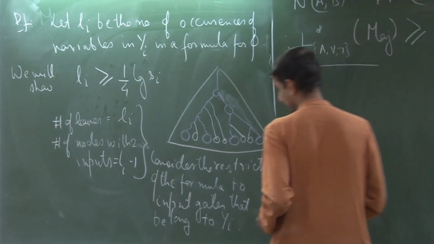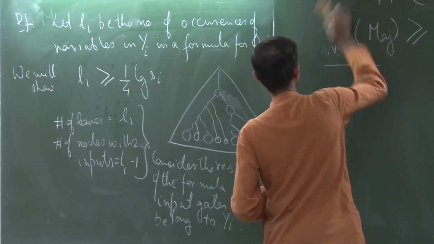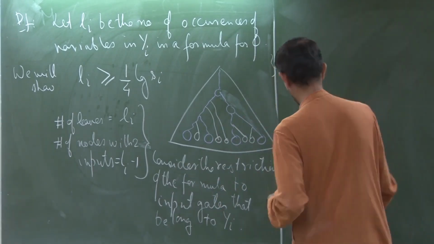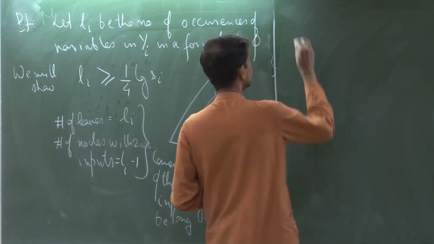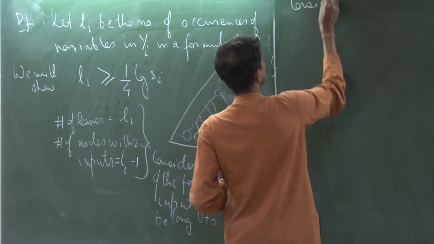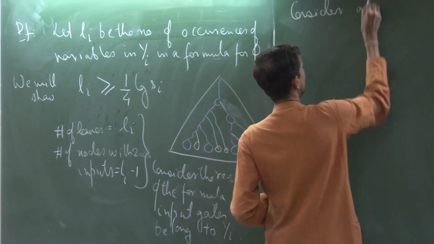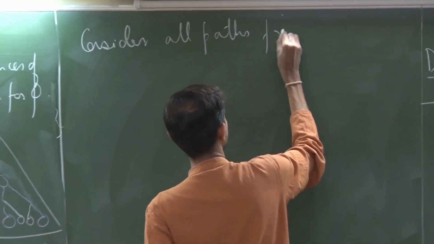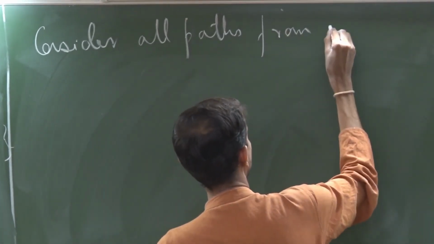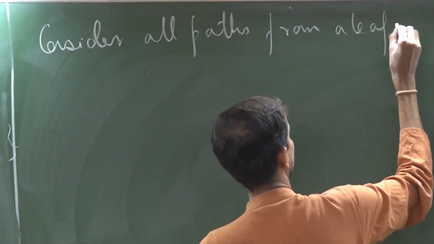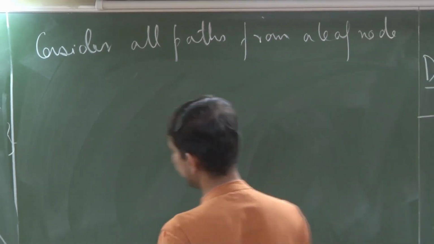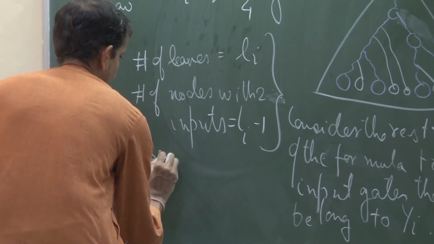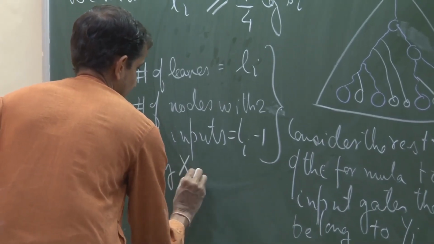Now, what we will do is consider all these paths. So, consider all paths from a leaf node. Let me call this set x, say xi.